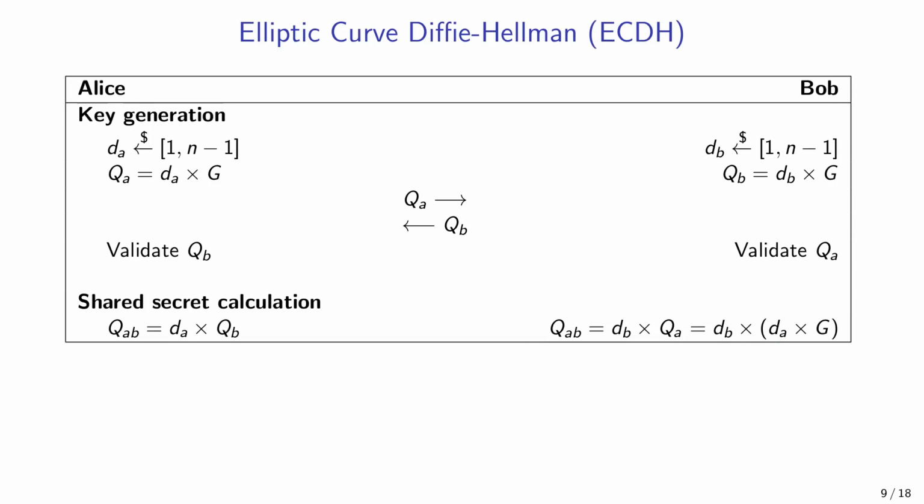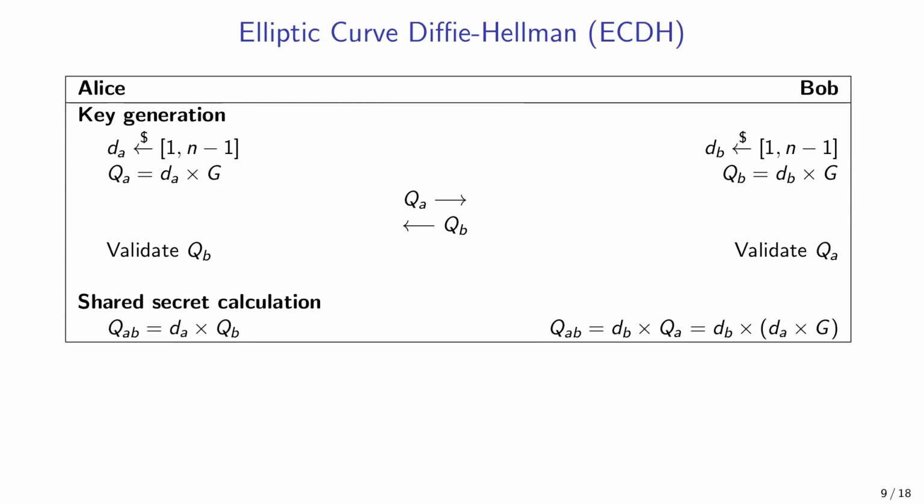So the order in which multiplication is performed does not matter here. The scheme is secure because the attacker cannot recover the private key from this public key. Remember, it is very hard to figure out how many times the point G was added to itself to obtain this point Q here.